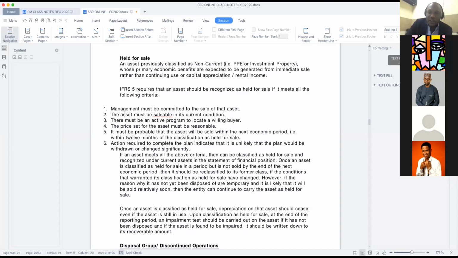So the idea is we'll sell it immediately rather than either continuing use, that's PPE, or capital appreciation/rental income for investment property.